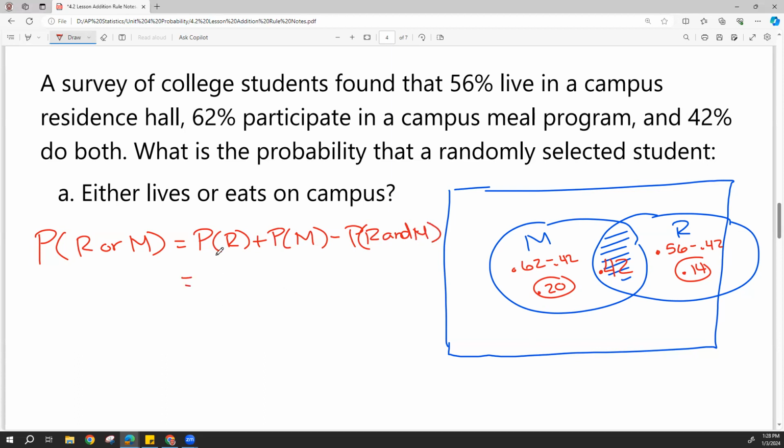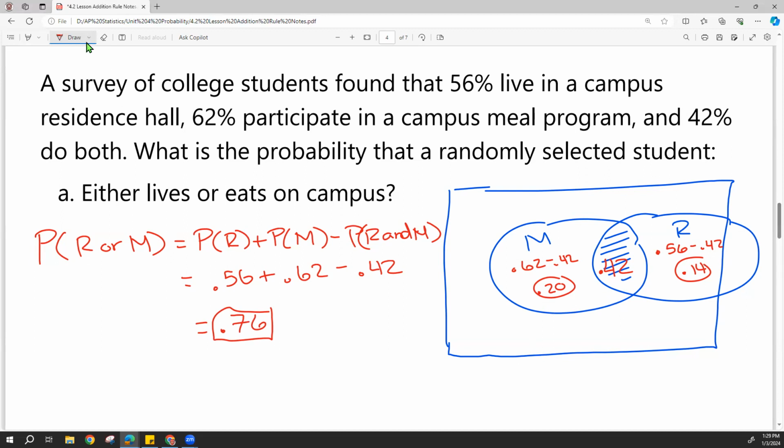So we have 56% that live in a residence hall, 62% that have a meal program, and we would subtract away the 42% overlap because we're counting those 42% twice. And so we get a probability of 0.76. The probability of randomly selecting a student on this campus and them living in a residence hall or having a meal program is 0.76.